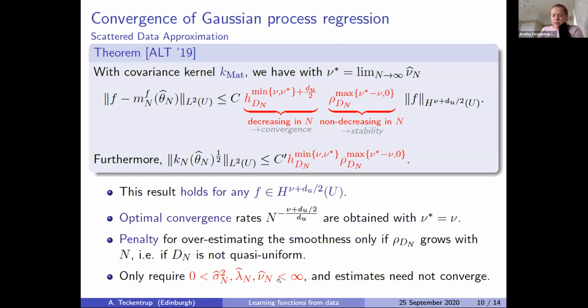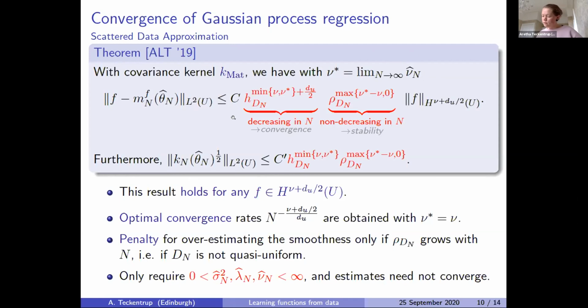All you need is that these estimates are uniformly bounded away from 0 and infinity, and you also don't need them to converge. I've written it down here for the case where you do converge, but you can equally also just work with the lim sup and the lim inf. And in particular, the only important quantity is really the smoothness, because that's what governs the convergence rate. The estimated length scale and the estimated contrast just go into the constant.